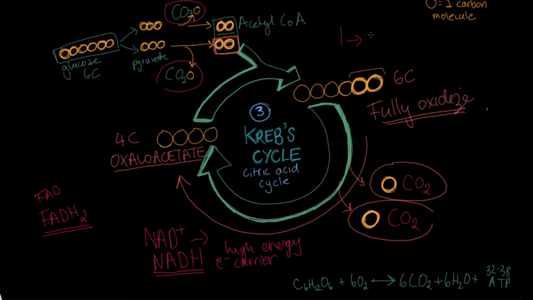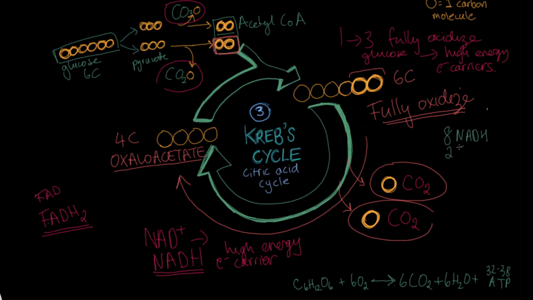So in steps 1 to 3, we are going to fully oxidize glucose, and those electrons are going to go onto high energy electron carriers, and we're going to use those in the last step. So overall, in the Krebs cycle, we are going to make 8 NADH, 2 FADH2, 2 ATP, and 4 CO2, and this is per glucose.